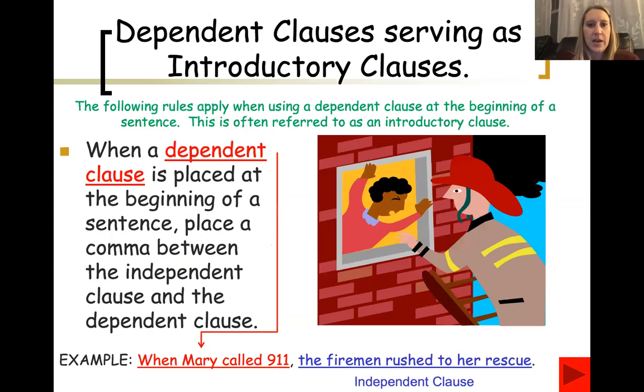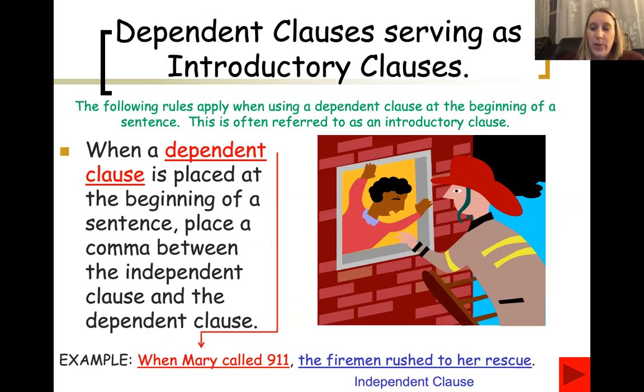Okay, so here's an example. When Mary called 911, comma, the firemen rushed to her rescue. So right here, we have an introductory clause, and the dependent clause acts as that introductory clause. So when Mary called 911, we don't have a complete sentence right there.